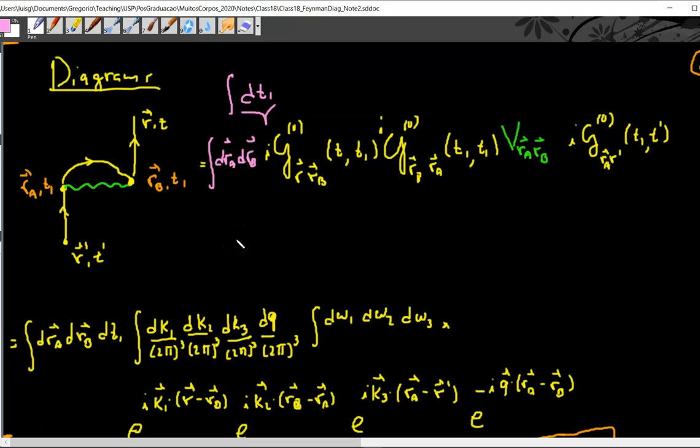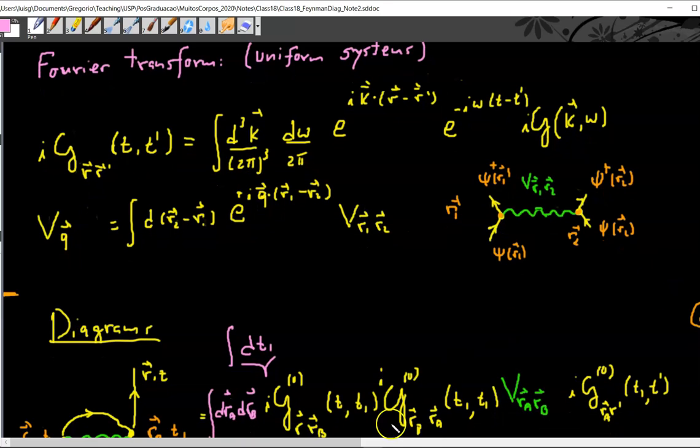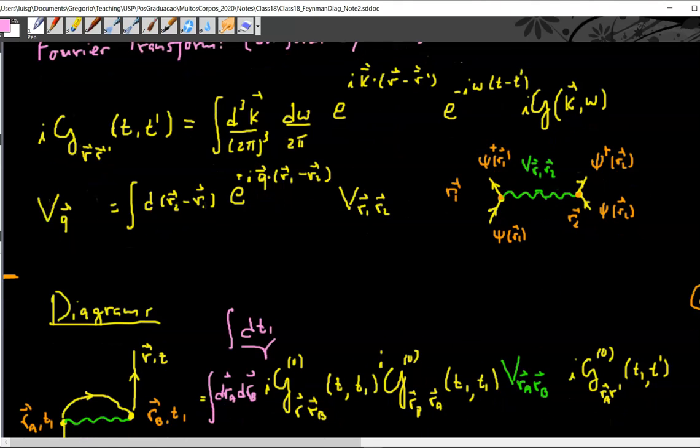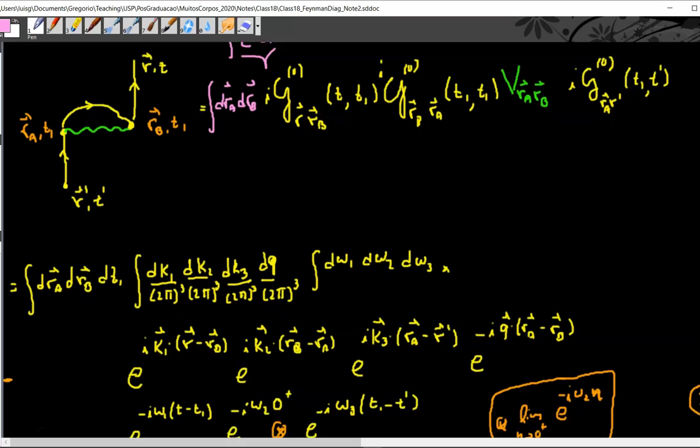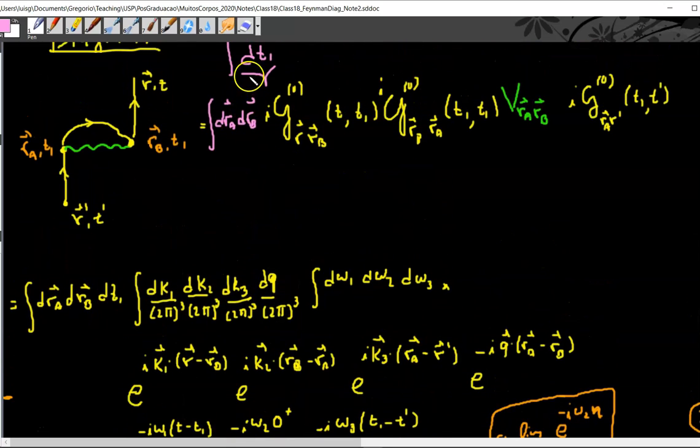Okay, so now let's write all the Fourier transforms of these three propagators and the Coulomb potential, which we defined above right here. For each of these, I'm going to write a double Fourier transform like that. So we have something like this. Let's start collecting the terms. All right, so there's this integral in r_A, r_B, dt1.